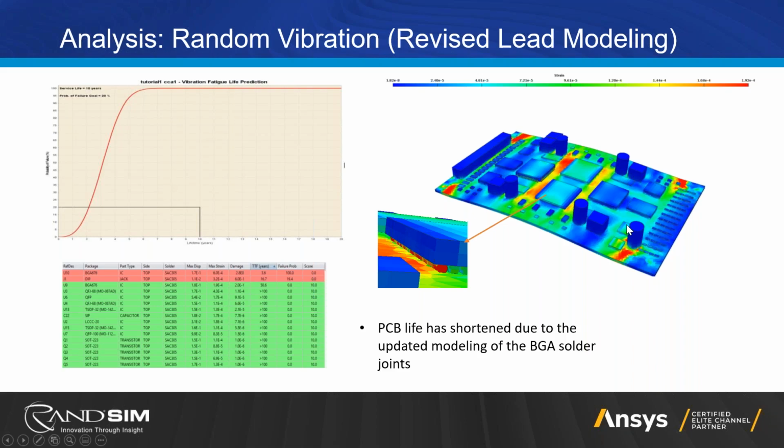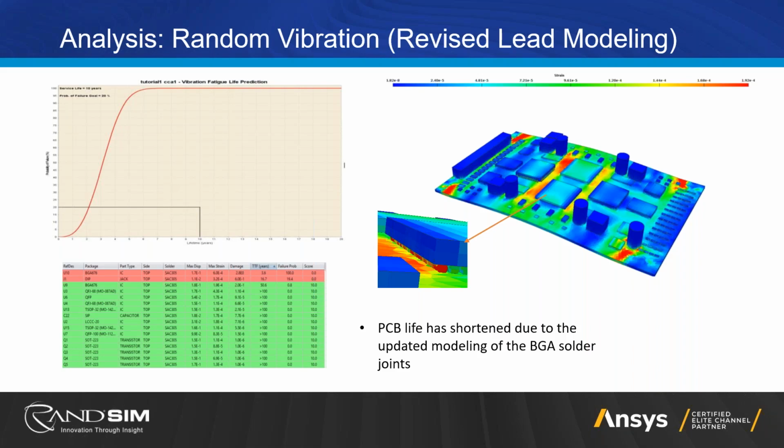And that includes making different changes to the component placement. So it could be potentially moving this component out of the center where this flexion is the largest, maybe moving it off to the side, or adding some other things like a mounting point or something else that would reduce the strain due to random vibration or any analysis that we're looking at.